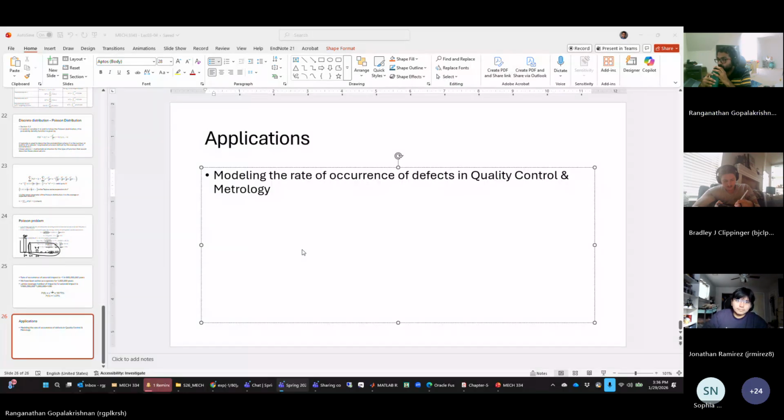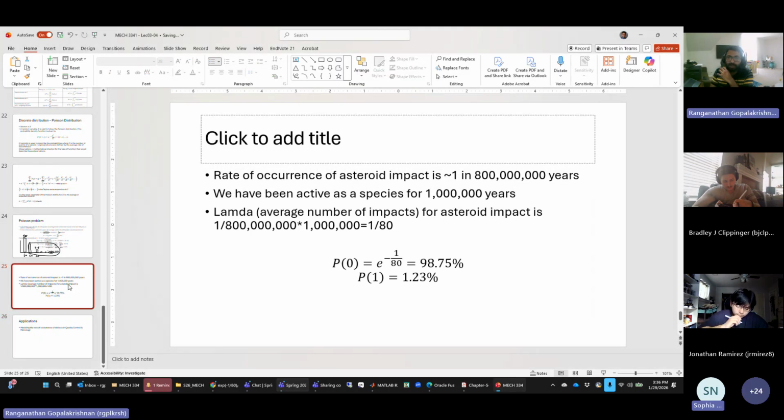For the example we just did with the species and the asteroid, is this the chance of an asteroid hitting Earth over the entire history of humans, or just how likely it is to hit us?